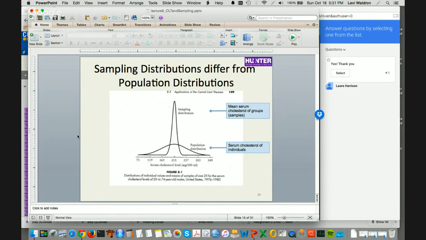The key thing is that it is some property of individuals. And then the sampling distribution is the property of groups of those individuals of a certain size. So if we were to take samples of size 25, that would be one sampling distribution. Samples of size 50 would be a different sampling distribution. But the key components of that sampling distribution are that its mean is the same, its variance is less, and it is normally distributed.